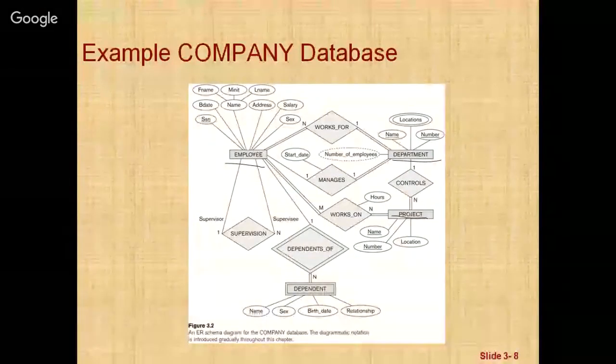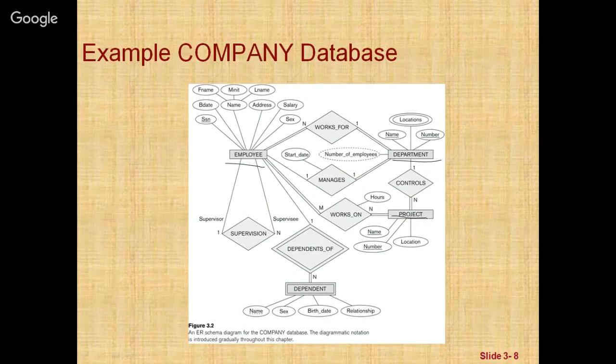The company is organized into departments, and each department has a unique name, a number, and a particular employee who manages the department. We keep track of the start date when the employee began managing the department.